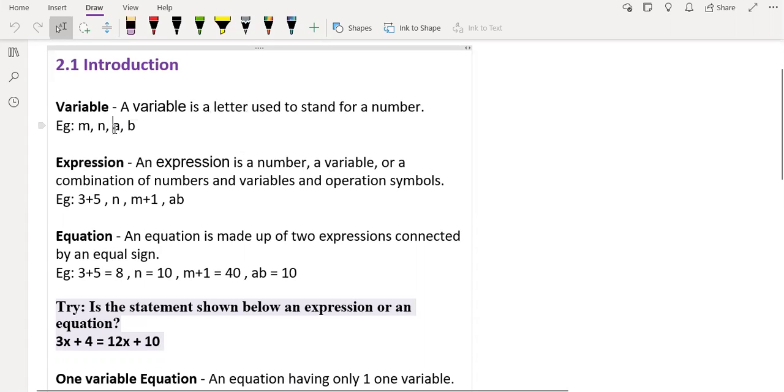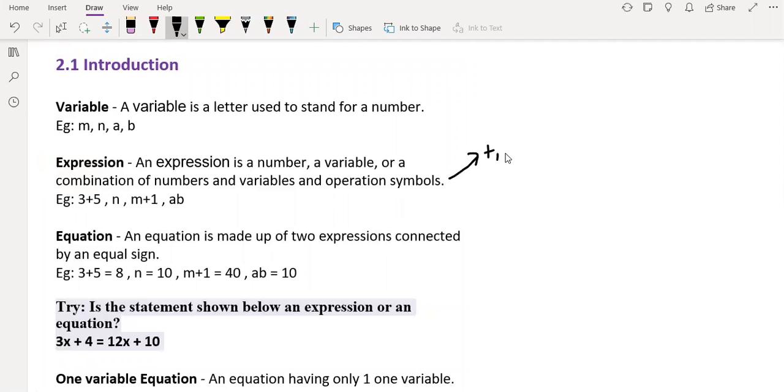So A is called an expression also, or a combination of numbers and variables. Those combined with operation symbols. So the operation symbols can be plus, it can be minus, it can be division, it can be multiplication, etc.